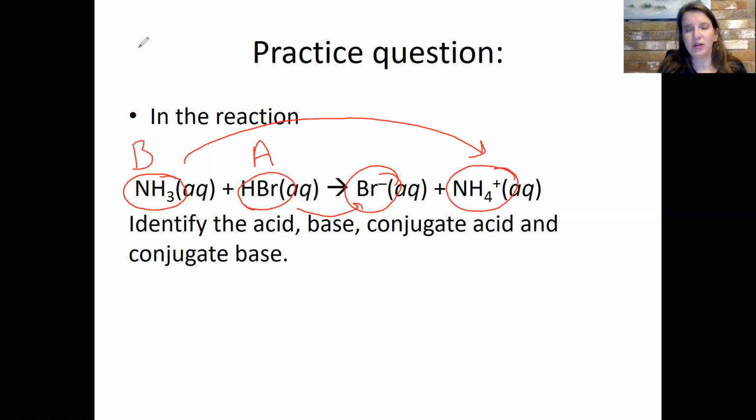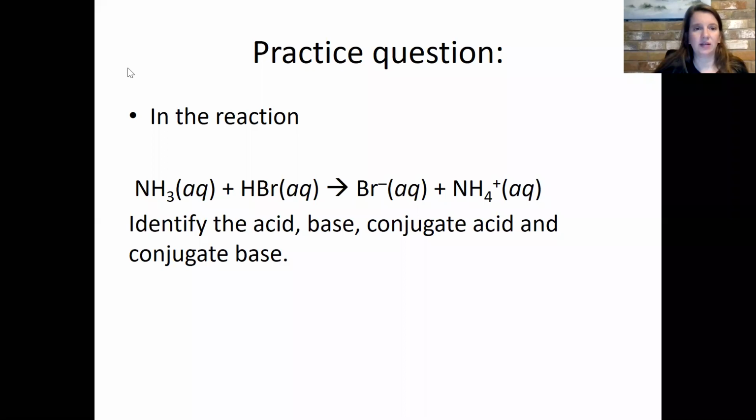How do I know that the HBr lost a hydrogen? Because it went from HBr to Br negative. How do I know the base accepted a hydrogen? Because it went from NH3 to NH4 plus 1, okay? Now remember, the acid, whatever goes with it, that becomes the conjugate base. The thing that goes with the base is the conjugate acid, all right?